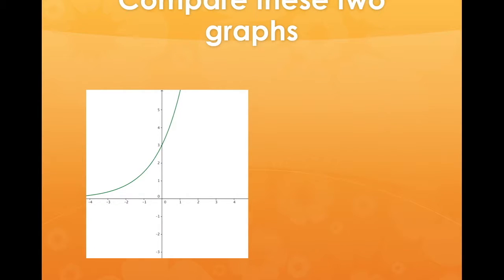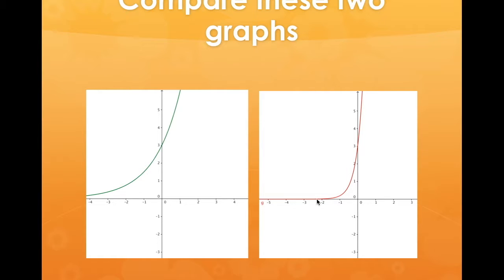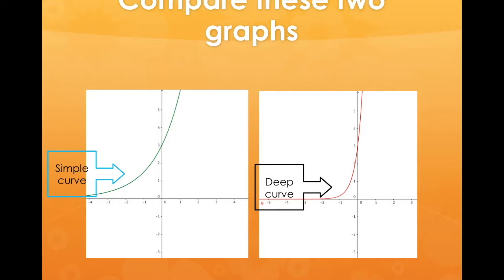I would like you to compare these two graphs. So here's a graph, it's got a pretty simple curve here versus this graph here where it's kind of deeper. So this is a pretty simple curve. This is a deep curve. This rule here is a simple y is equal to 3 times 2 to the x.